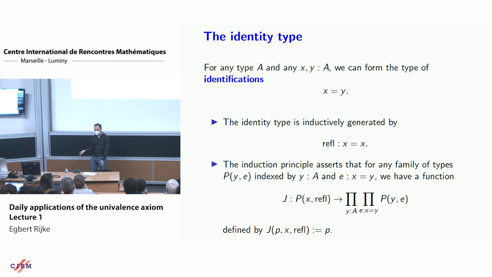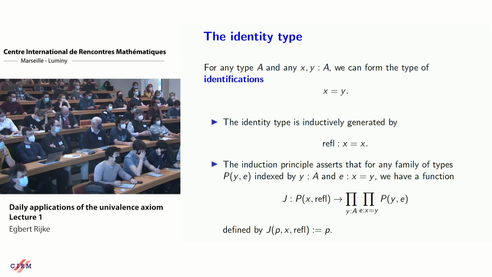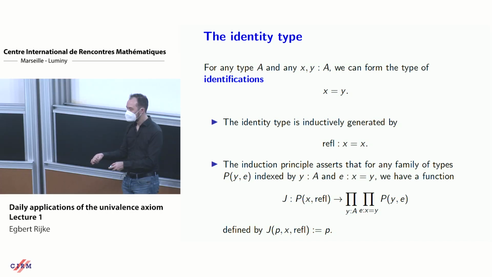We can express equality. It's a proposition usually, but in our system we don't have a separate layer of propositions. We only have type theory, and we express all the things as types.